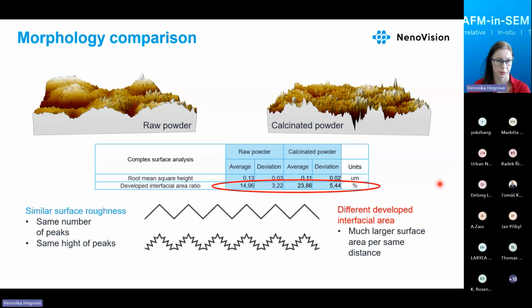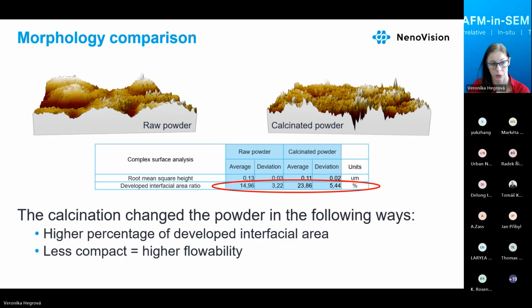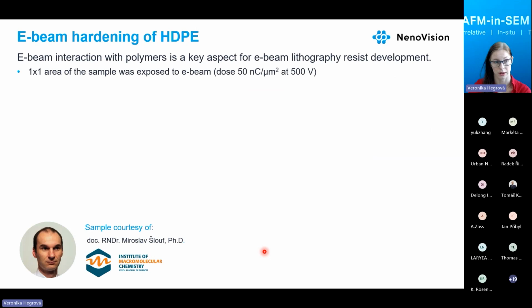So what it means is that there was a similar surface roughness, same number of peaks, same height of the peaks, as we can see, there's the same scale, but there was a much larger surface area per same distance, as you can see, smaller peaks within the roughness, within the morphology, which corresponds well with the already known less compact, higher flowability of the calcinated powder in the macro scale.